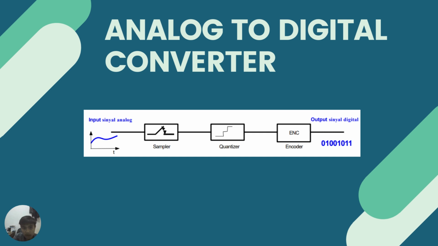And then the analog to digital converter works like this. We have an input analog signal, and after that we sample, then quantize, and after the quantizer comes the encoder, and after the encoder we have an output digital signal, as you can see here, in binary form.